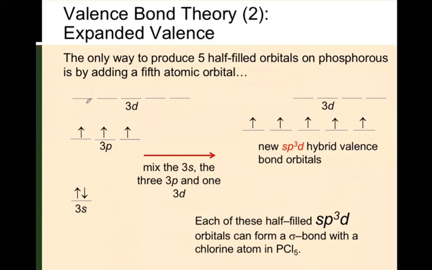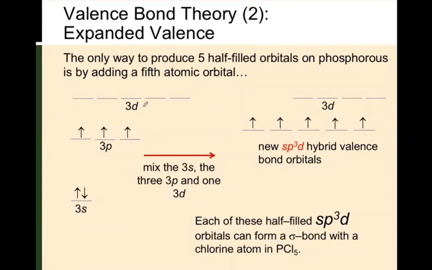This is also why, for example, carbon and oxygen don't form 5 electron domain geometries: the 3d orbital is the first available d orbital, but they have their valence at the n equal to 2 level.